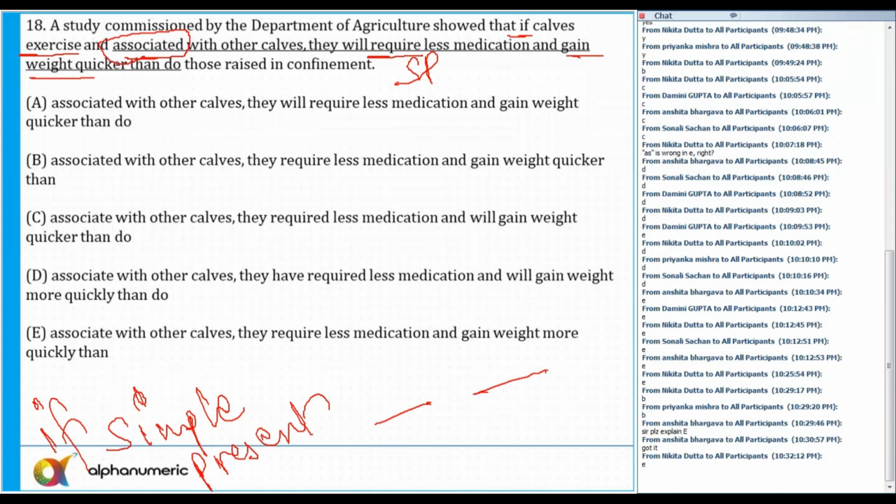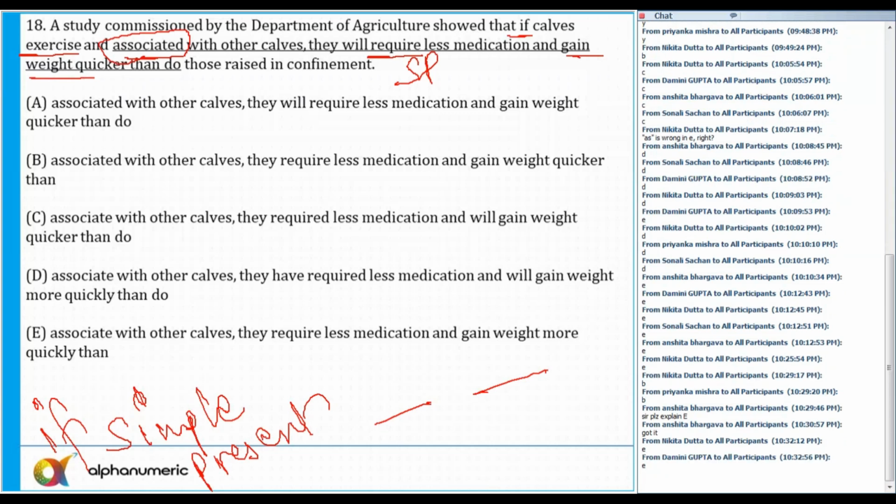I need an adverb, which means I need quickly. Quicker cannot be right because quicker is an adjective. I need an adverb because gaining weight is a verb, and to modify the verb, I need an adverb. Adjectives cannot modify verbs, so that means the word quicker is also wrong.